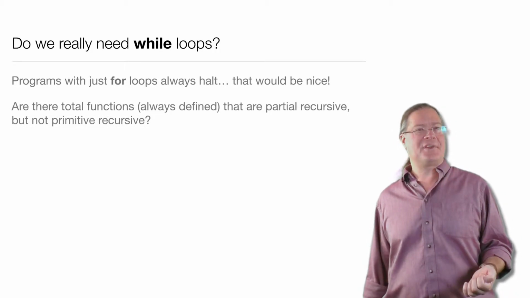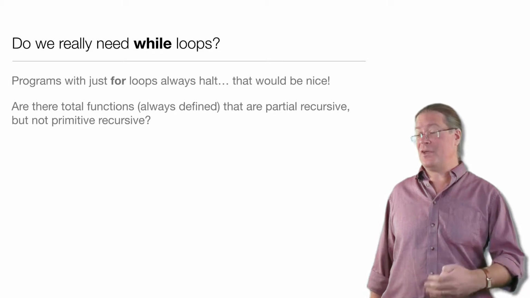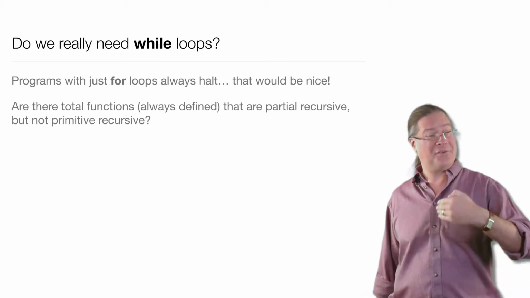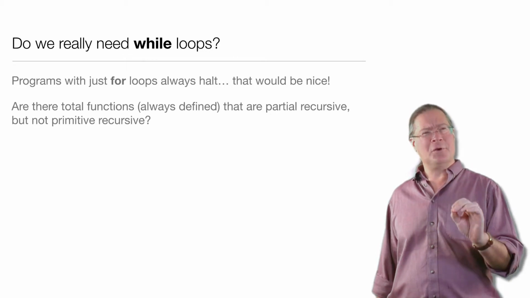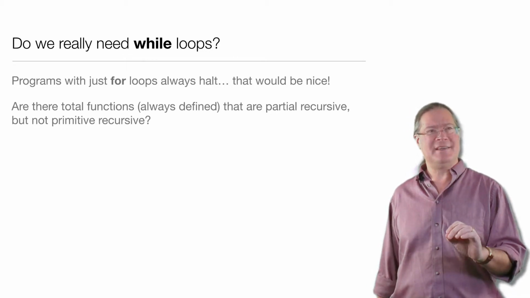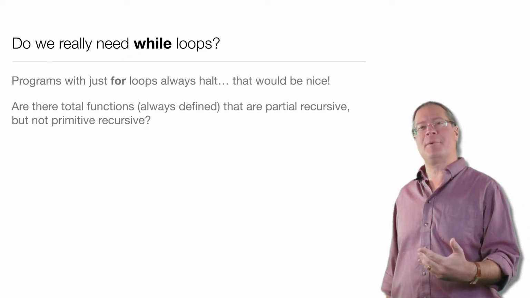So an interesting question is, are there functions which are defined in every case, where there's always an output that the program should give, but where for loops are not enough? Do we need to include while loops in our programming language?